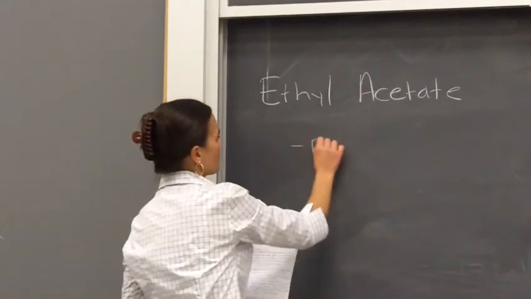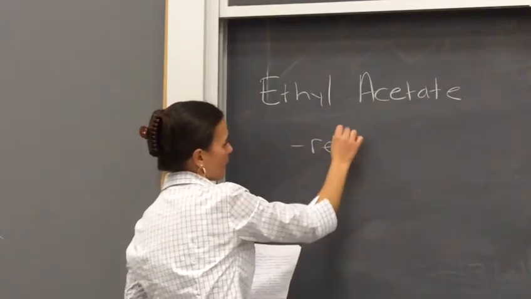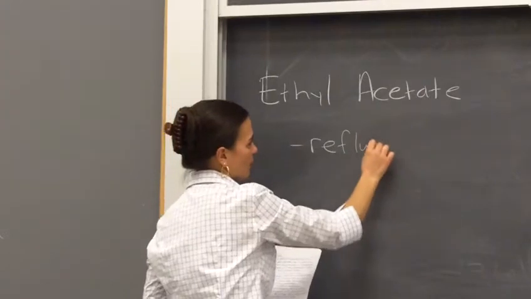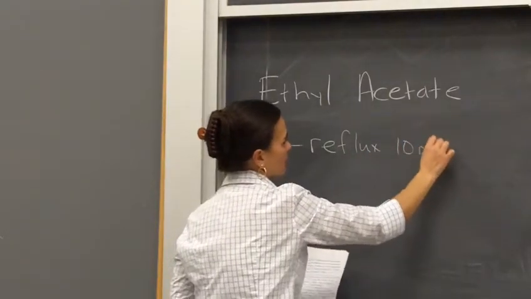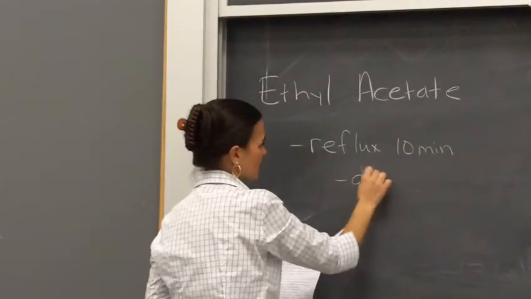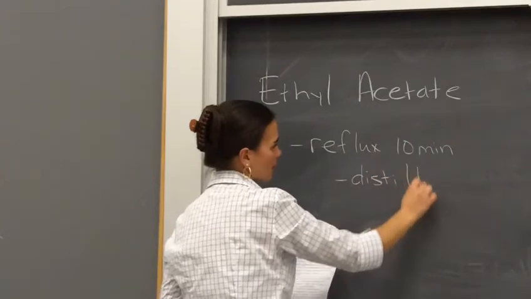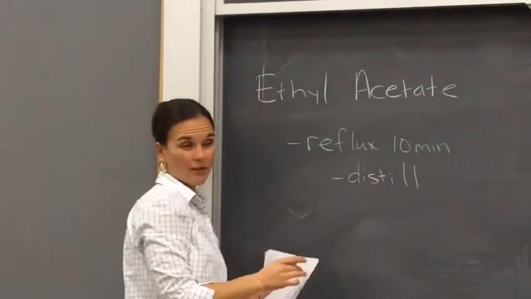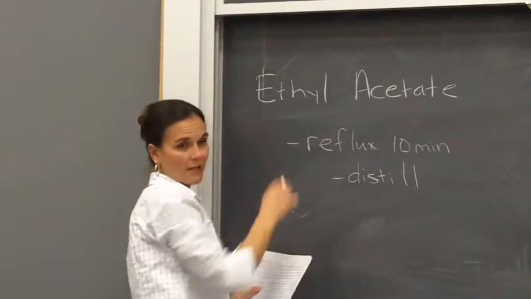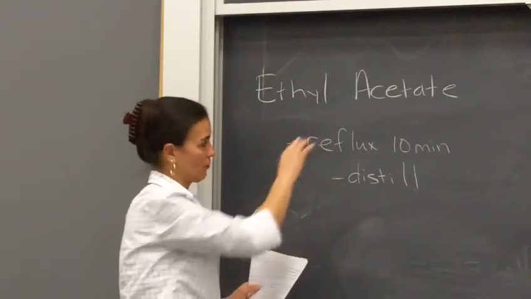okay? So after you add the cyclopentadiene, you're going to reflux for 10 minutes. Then you're going to distill the solvent, and the reflux and the distillation is all happening in a water bath because ethyl acetate's boiling point's below water.